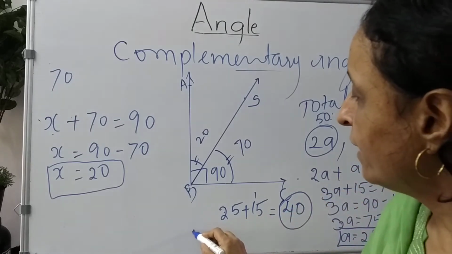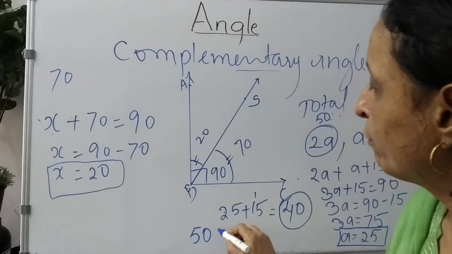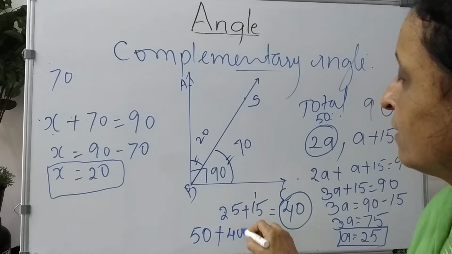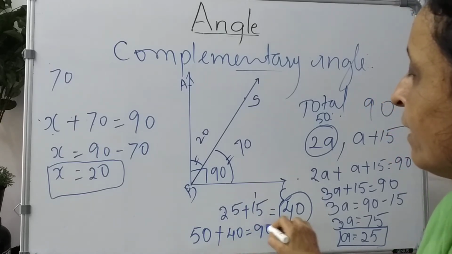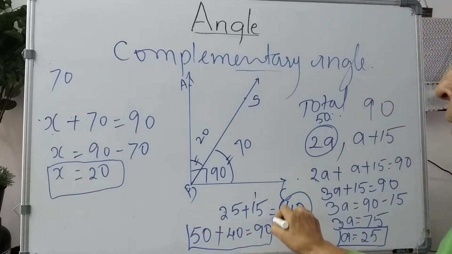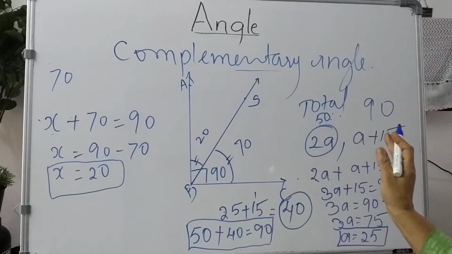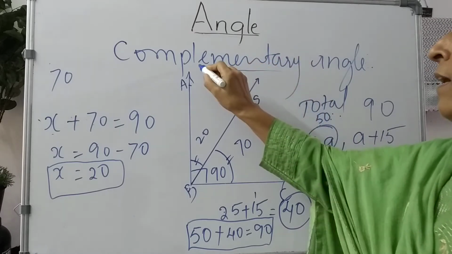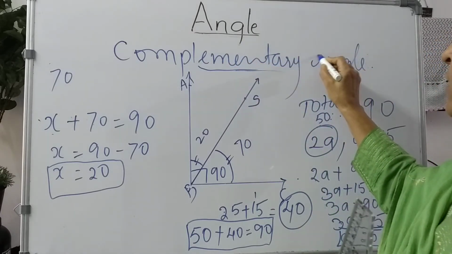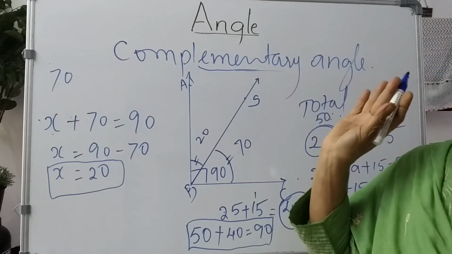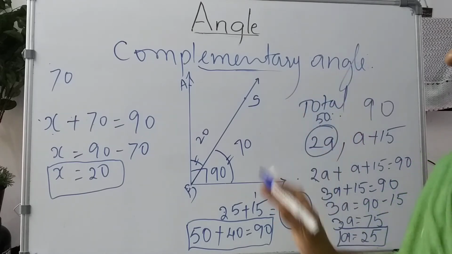Now you add and see, if you have to be sure, that the total is 90. So this is complementary and you should be perfect in complementary angles. You should know the total is 90.